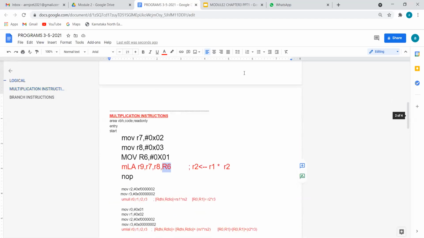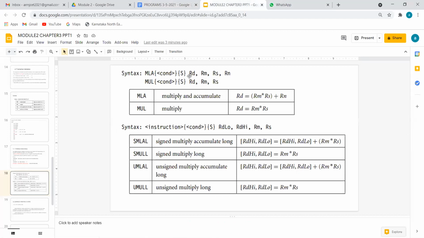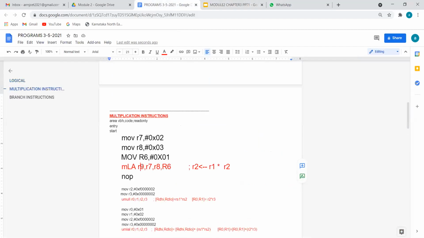You can check with the syntax: 1, 2, 3, 4, the DMSN arrangement. D is the destination register, then M, then S, then N. What is R6 here?